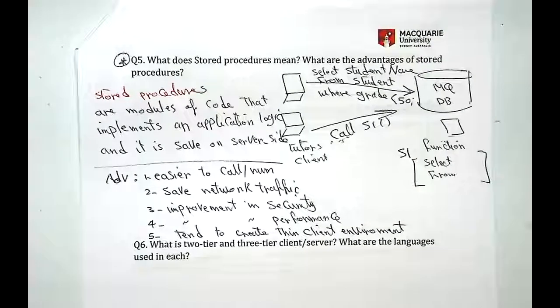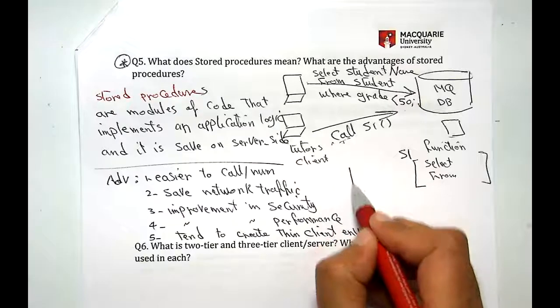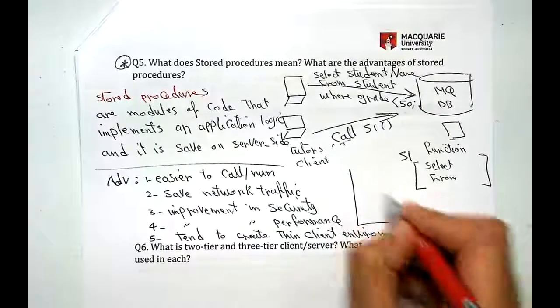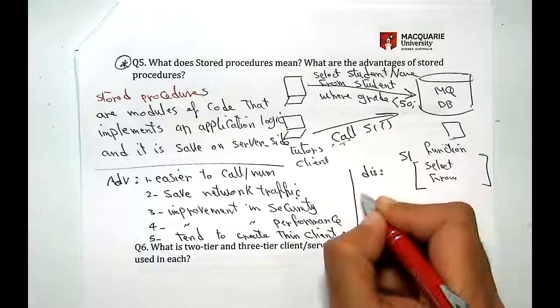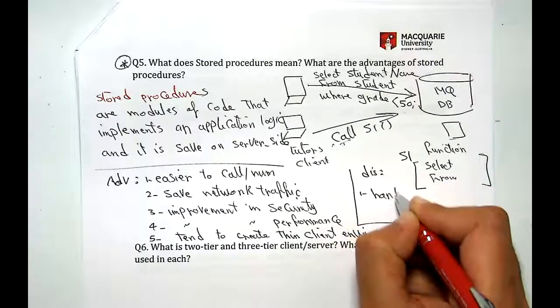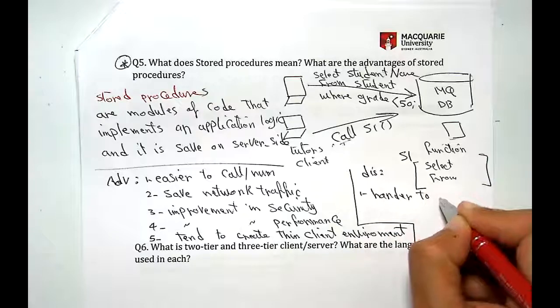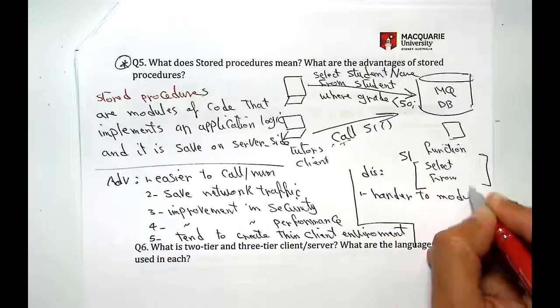What is the main disadvantage? I would imagine the ease of changing the request slightly. So if you say anywhere below grade 55. Okay, so disadvantage number one, harder to modify. I will take your words.